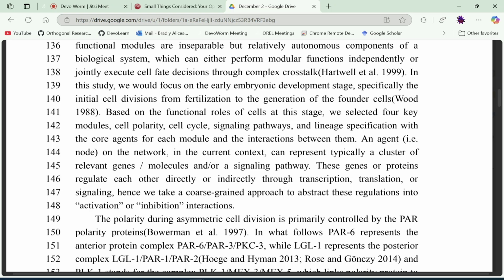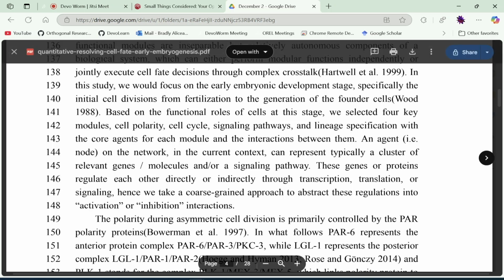When they talk about an agent here, they're talking about a node, which is basically just a gene, and its expression state is contingent on the expression state of other agents or nodes. Whether that relationship is suppressive or facilitative, whether it leads to upregulation or downregulation, that's how the network will function.